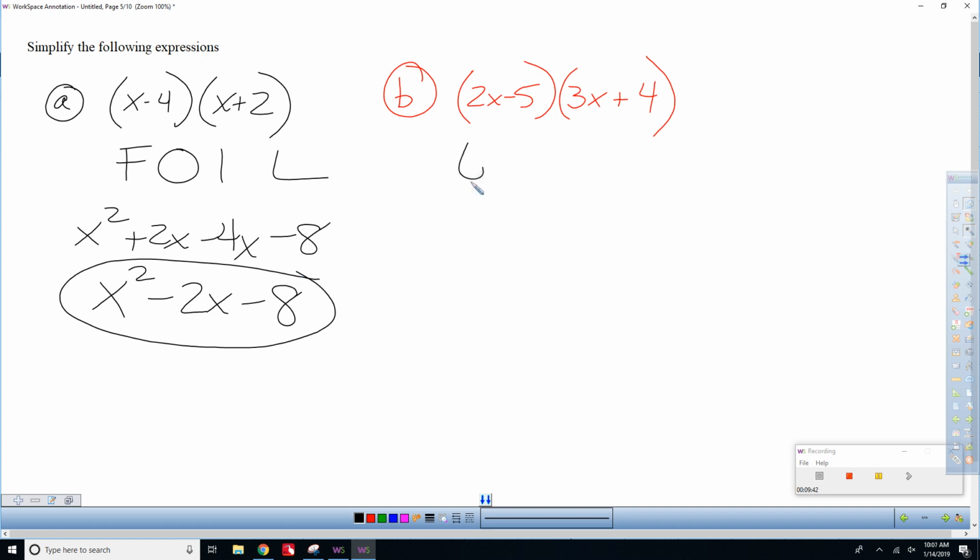First, 6x squared, multiplying, outer, plus 8x, inner, minus 15x, last, negative 20, okay. Positive 8 and negative 15 is a negative 7x.